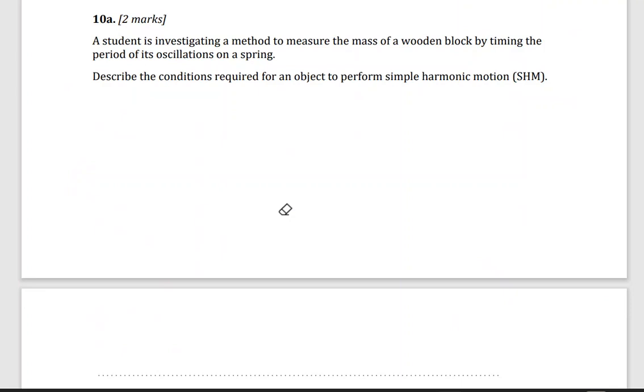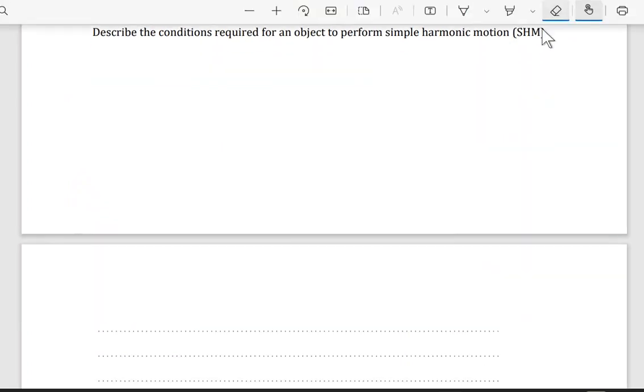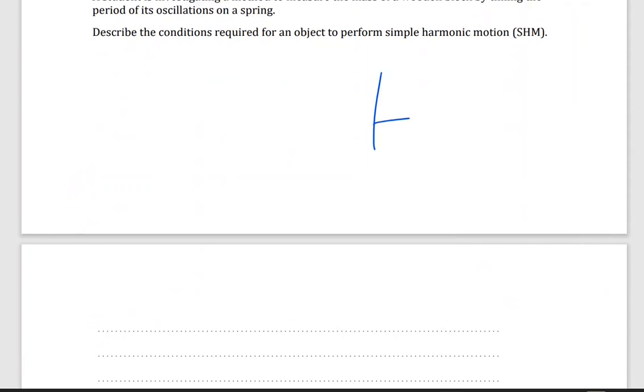Describe the conditions required for a block or an object to perform simple harmonic motion. We have two conditions. The first: if you have a block attached to a spring and you stretch this block a certain distance x, or you compress it a certain distance x, there is always a restoring force that tries to restore the object to its equilibrium position.